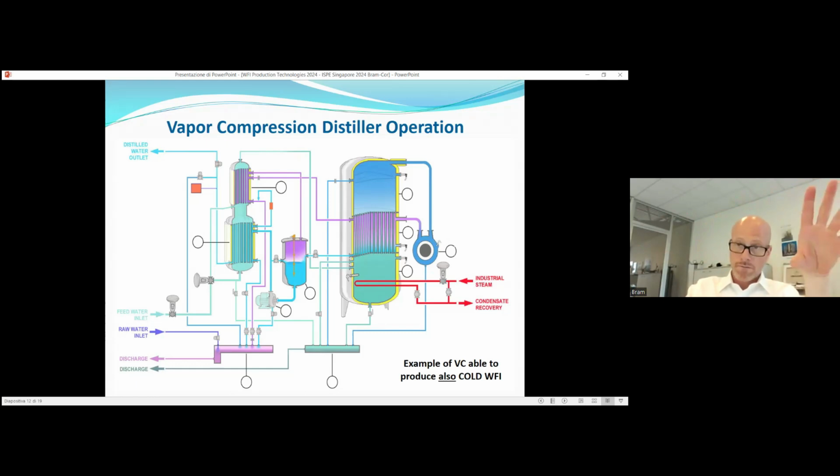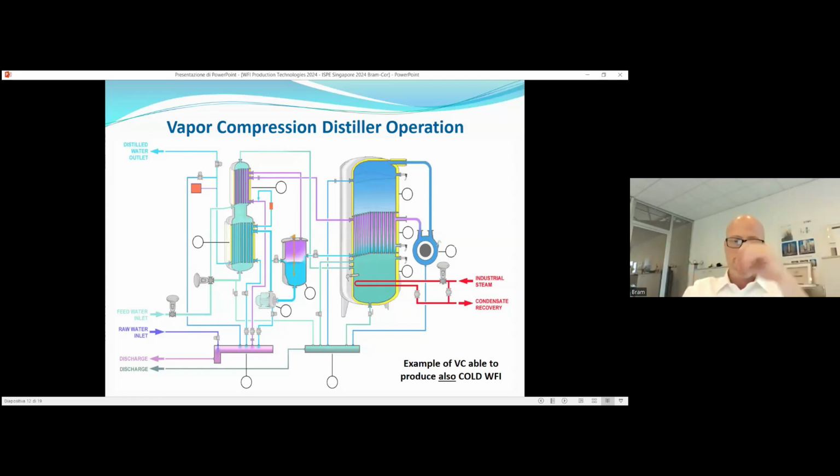Then it blows this dry pure steam into the external part of the exchanger, the condenser that we have in the big column, creating a thermal exchange. It means that we are using the dry pure steam to help the purified water to evaporate, and at the same time we are using it to start to condense the pure steam into WFI.